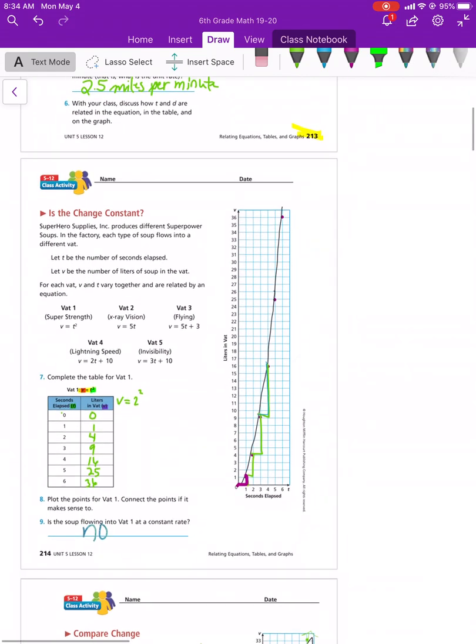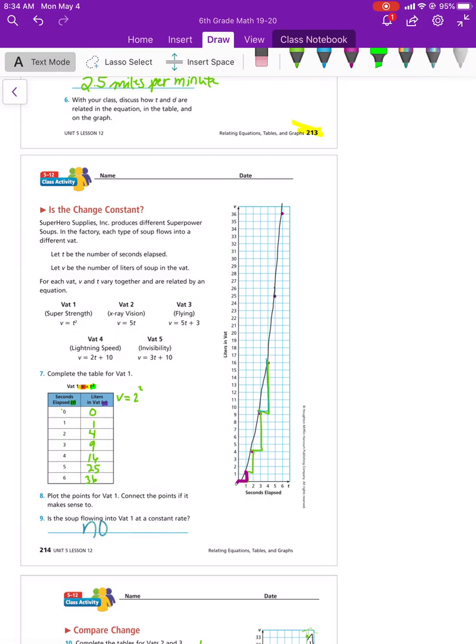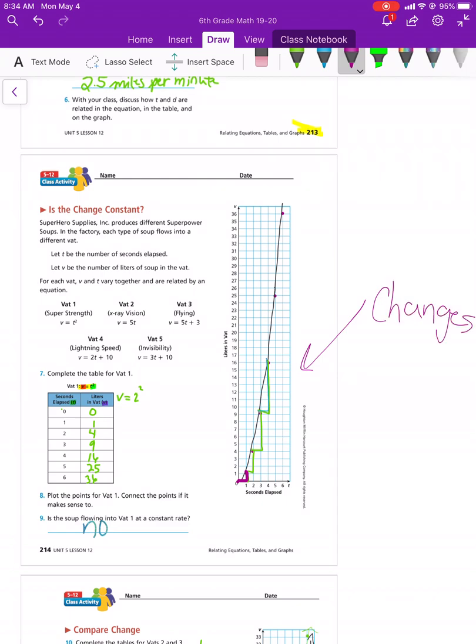So like this one changed, right? And we decided that this one changed. That's right, changes. It goes from 1 to 4 to 9 to 16. There's no rate there. It's getting bigger and bigger every single time.